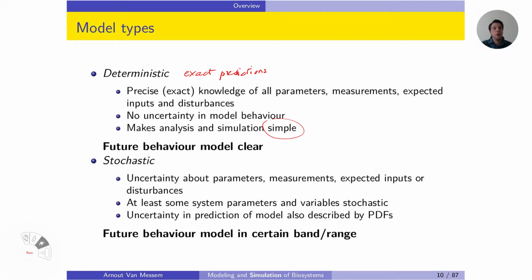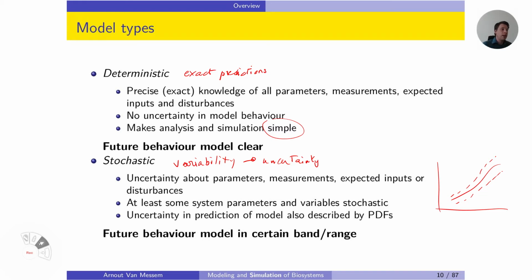A stochastic model, just like a stochastic variable, will include some variability. And because of this variability, you will have uncertainty, which is then characterized by the prediction being uncertain. So you will have a confidence band around the prediction. Instead of just having a fixed prediction, you will have a confidence band around it, for example a 95% confidence band, which corresponds sort of to confidence intervals.